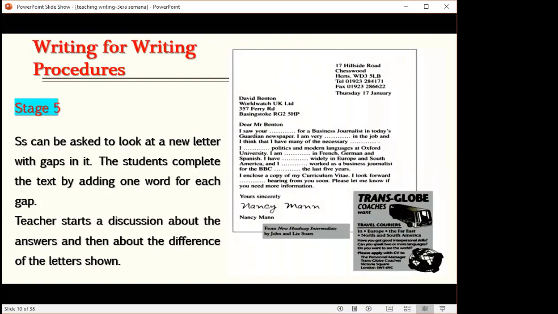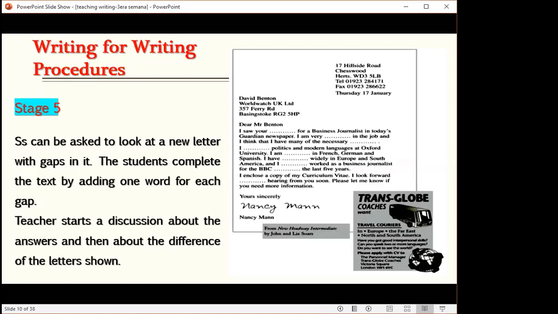It's not just an informal letter. So you show this letter to your students and you ask your students first to try to complete this text by adding one word for each gap. And then you start a discussion. You ask your students about the answers and then about the difference of the letters shown.